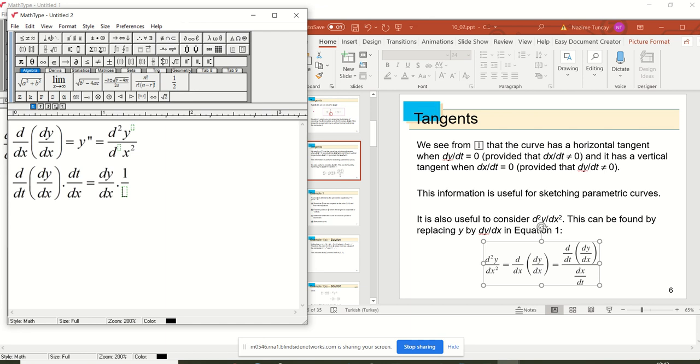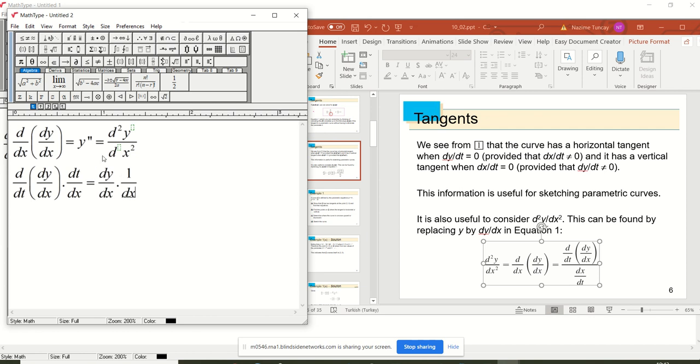We don't do a cancellation. Please be careful. Don't put cancelling signs on it. It's not cancellation, but the result equals this one. You can think in your mind that you omit them. This is dx here, this is dt here, and this is dt here. You can omit this one.